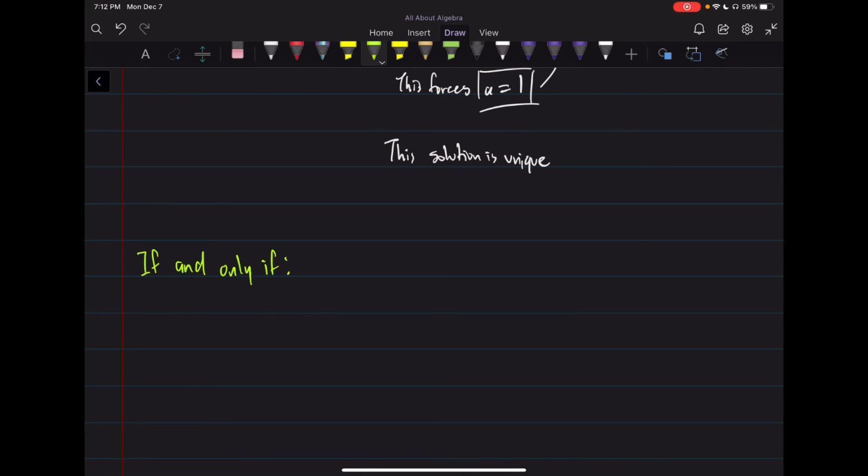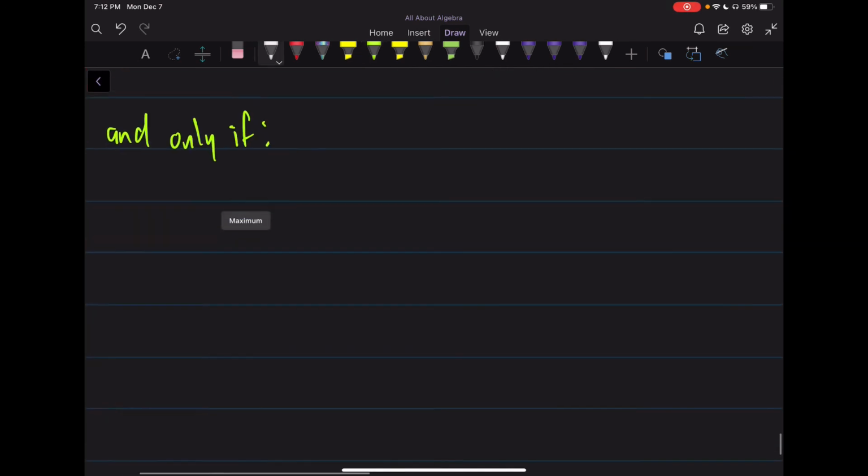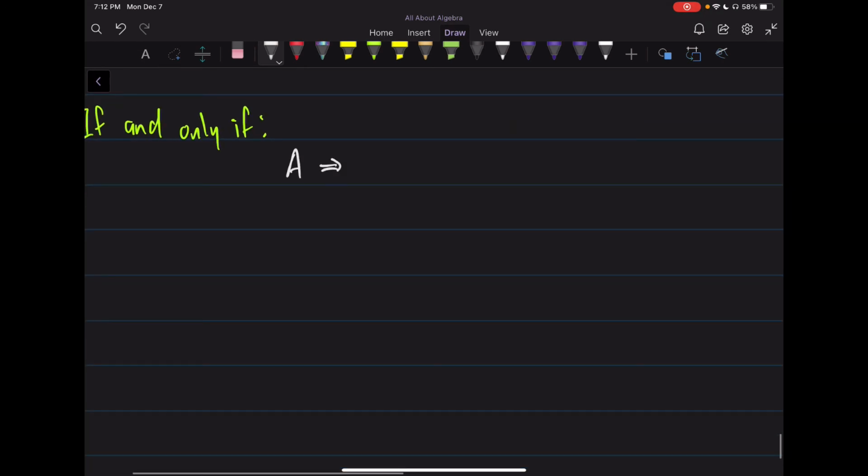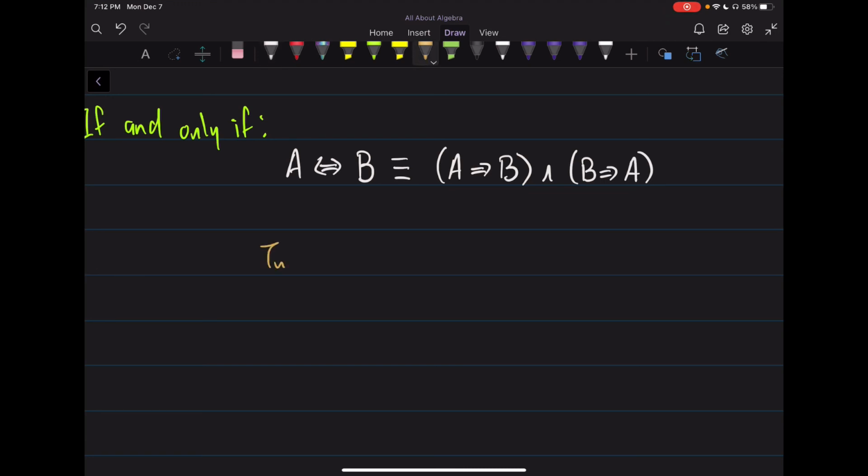Now, if and only if. The last thing I want to discuss in today's class, and then we will move on from there. An if and only if statement has a form that looks like this, and we also discussed that this is equivalent to saying the following. So what you do is there are two steps.